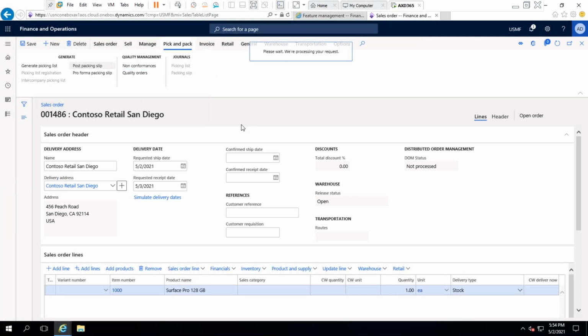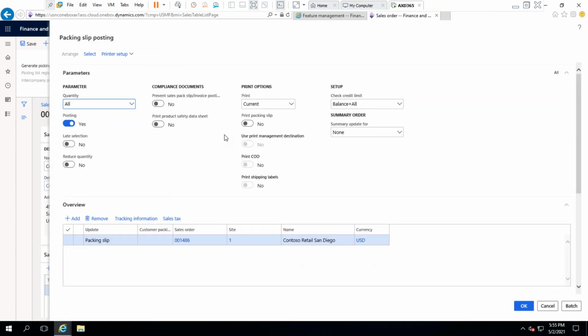While doing post packing slip, let me show you the error message first and then we'll see the solution.